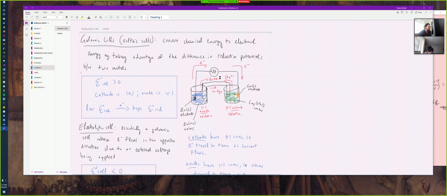So if you looked at this over here, which is a regular galvanic cell, let's say we got rid of that salt bridge.